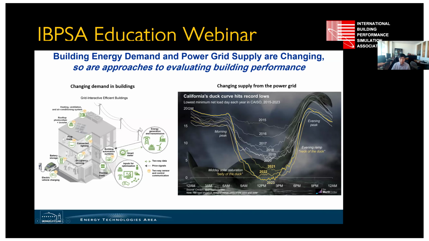So these are the two important factors to consider when we evaluate a building's performance. Occupancy is much more dynamic these days, and the energy cost or associated carbon footprint also changes depending on when you use the electricity.